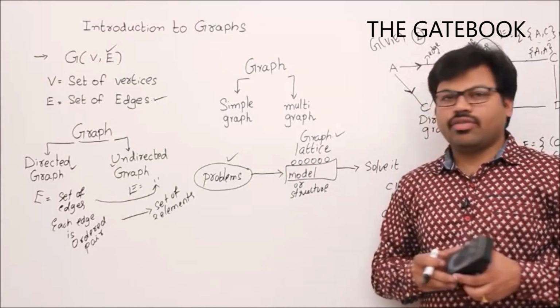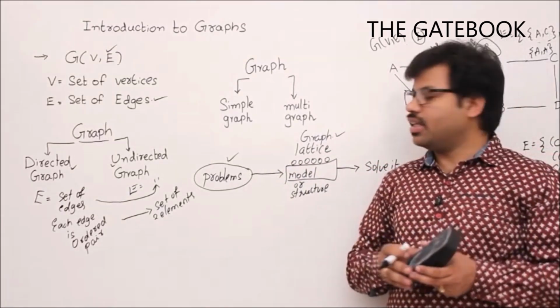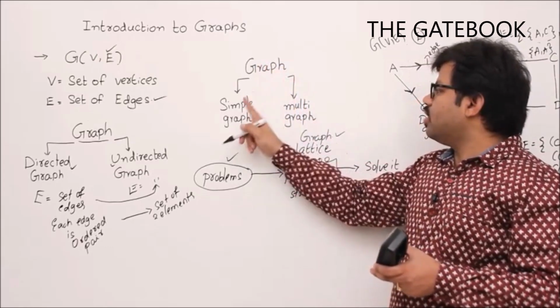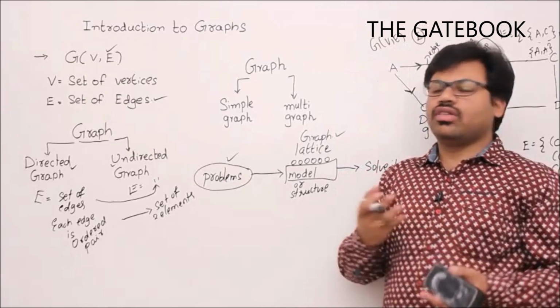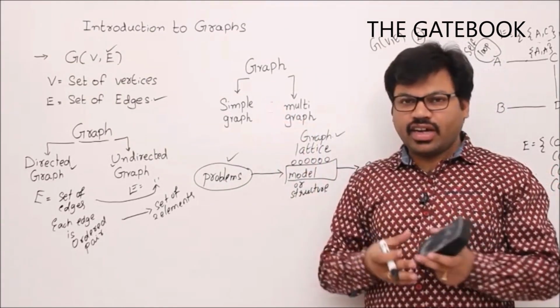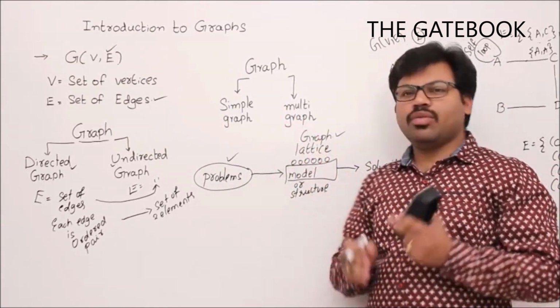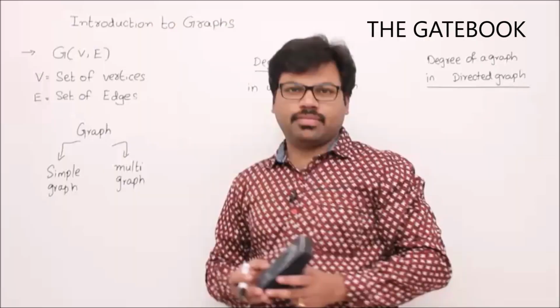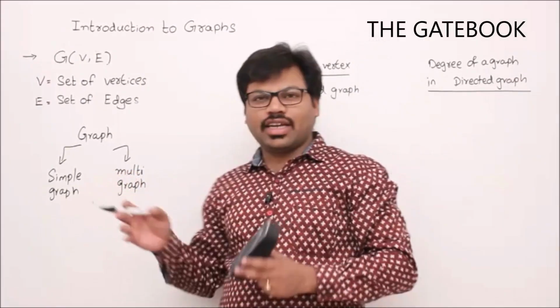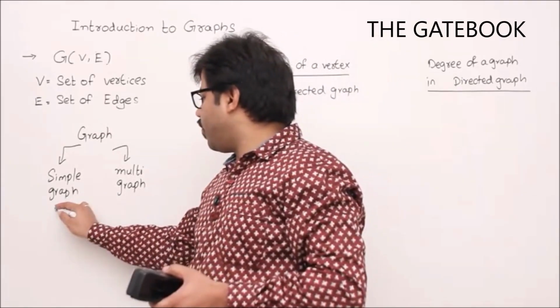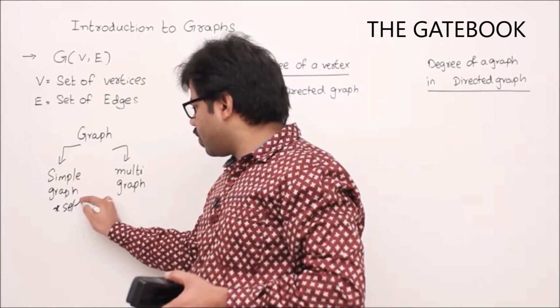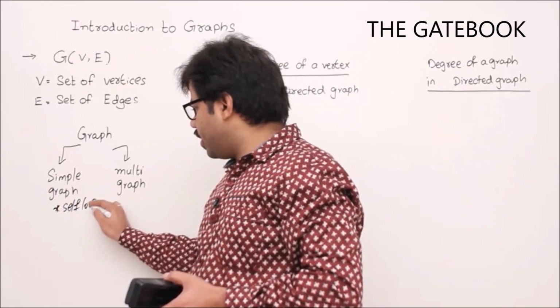Okay. Now there is one more variation, that is simple graphs and multigraphs. Your graphs can be classified again into two parts. It's a different classification: simple graphs and multigraphs. Let's see them. A simple graph is a graph without self loops and parallel edges.